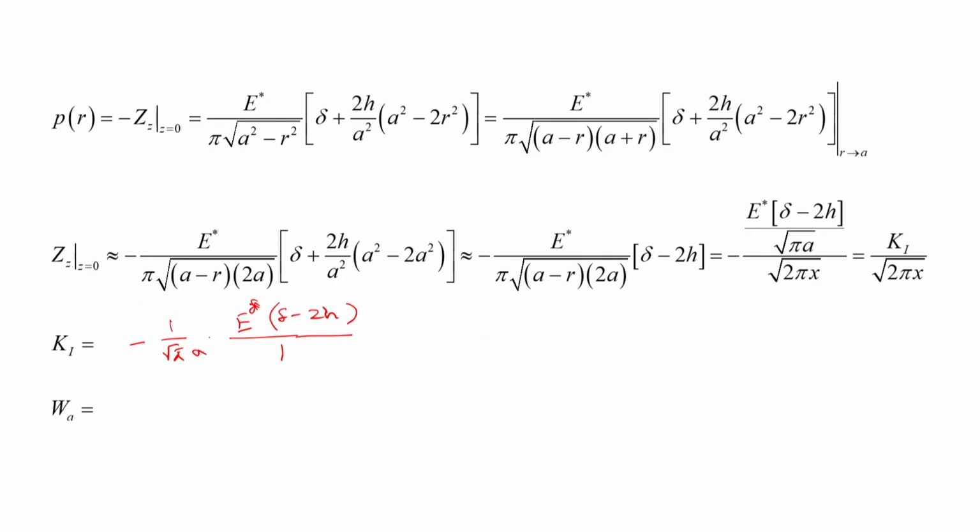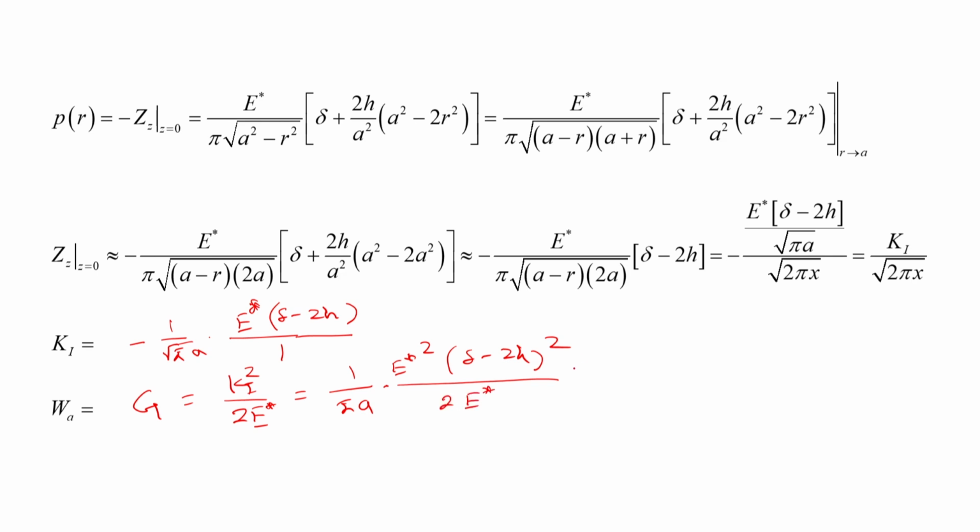So, therefore, the work of adhesion is equal to the strain energy release rate, that is equal to K_I square by 2 E star. So, this will give rise to 1 by pi a, E star whole square, (delta minus 2h) whole square, by 2 E star.